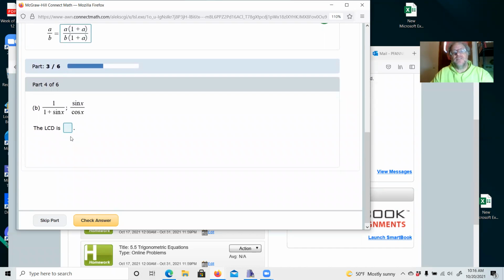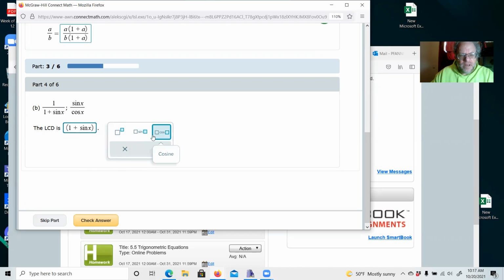Then they're going to have us do it with the trig function. You see what they're doing is giving us the generic A's and B's, and then showing us that it works for fractions and this stuff too. So I want to get a common denominator here. The LCD is going to be parentheses 1 plus sine x and then cosine x.